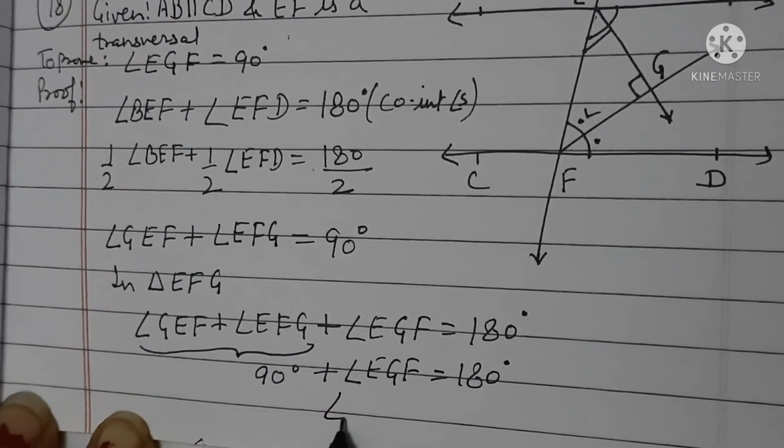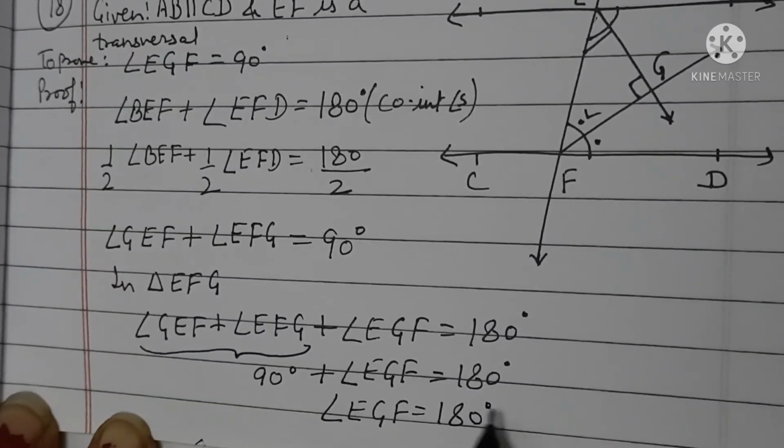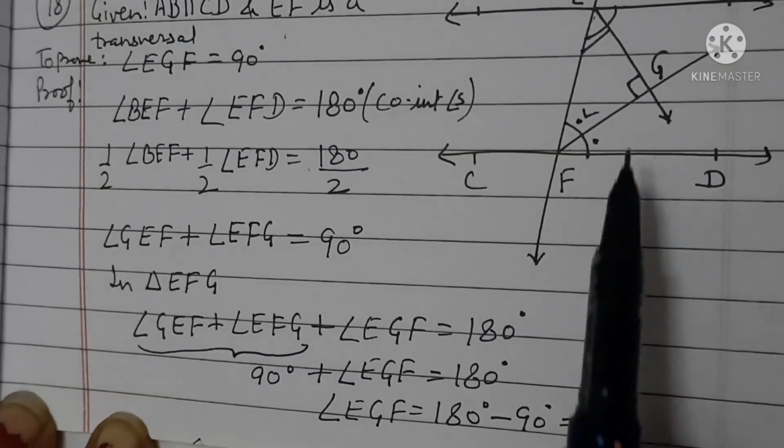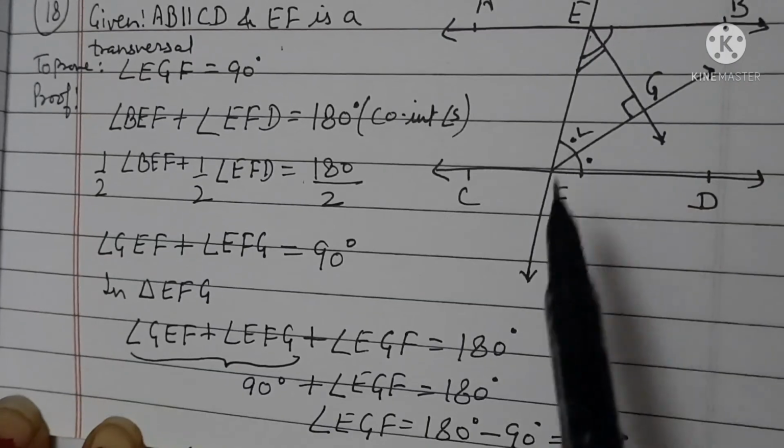It means angle EGF is equal to 180 degrees minus 90 degrees is equal to 90 degrees. So you get this angle is 90 degrees, hence proved.